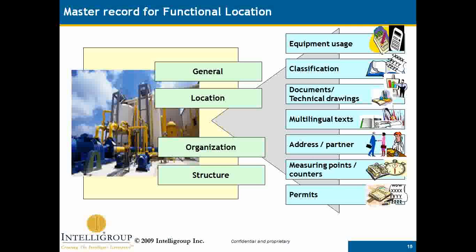To identify the exact location, we can use these fields. Along with that, there is some more information in the Location tab. When we go to the system, I can show the Organization: which organization this function location belongs to, for which maintenance plant, which planning plant, and which work center is going to execute the work. All of that information will be captured in the Organization.